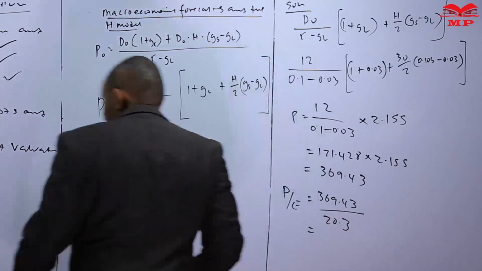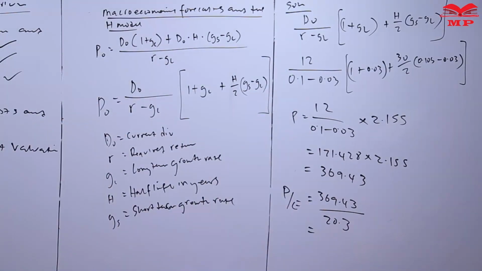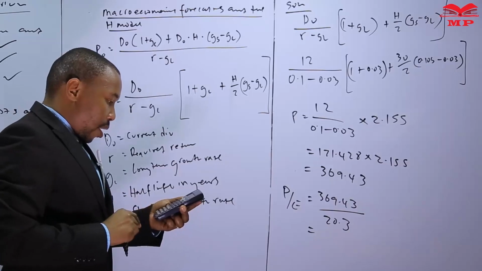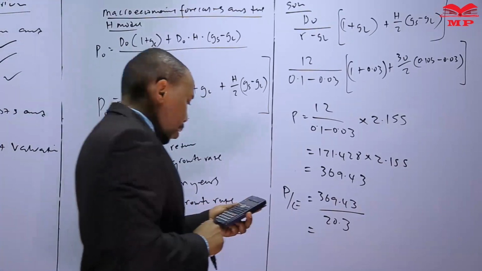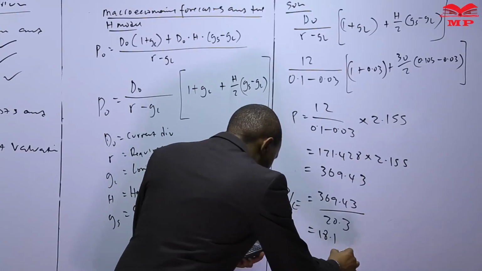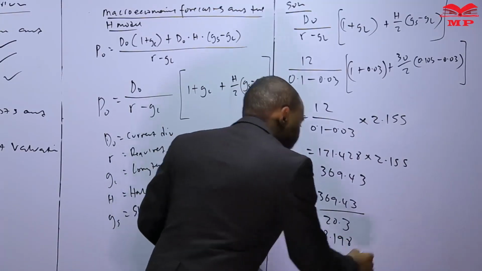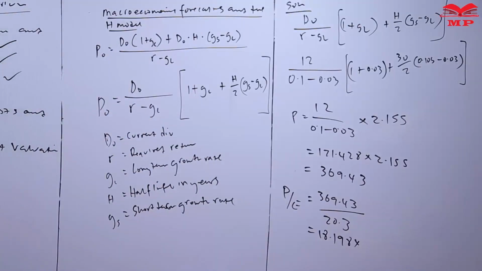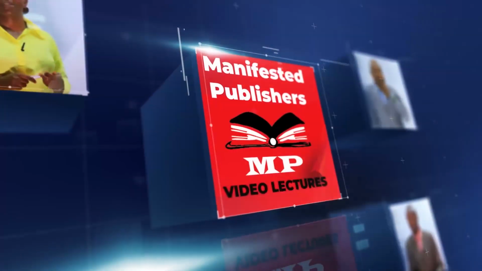So how much is our PE value? 369.43 divided by 20.3 gives 18.198. Because it is a multiple, we must put times there.